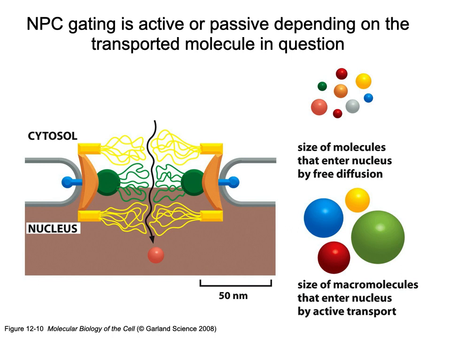Just like the transport of molecules across the plasma membrane can be active or passive, depending upon what molecules are being transported, the same is true with the nuclear pore complex. Depending upon the size of the molecule, it may diffuse through freely, whereas larger molecules have to be actively transported into the nucleus.